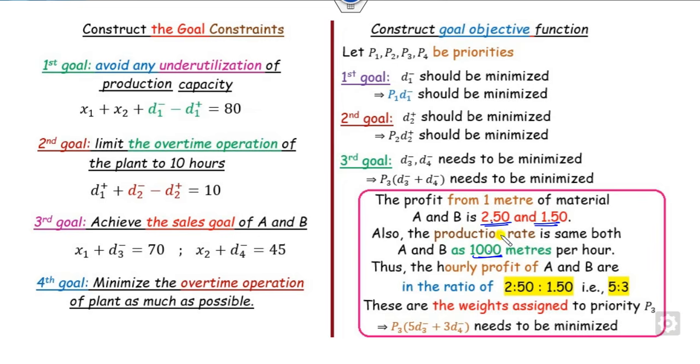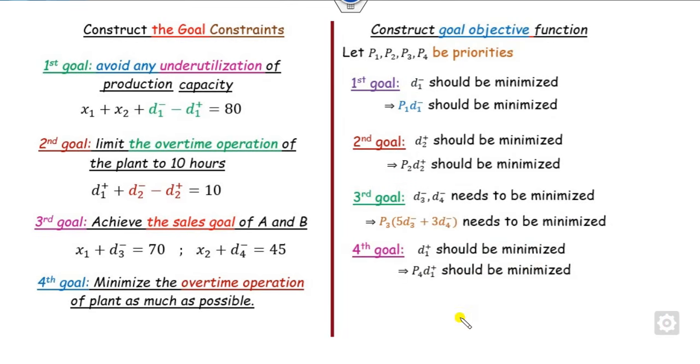Since they are the same, the hourly profits are 2.50 multiplied by this and 1.50 multiplied by this, or you can write them in the ratio 5:3. So this is considered as the weight for these sales, that is 5 times this and 3 times this. So instead of this goal, your target is to minimize here.